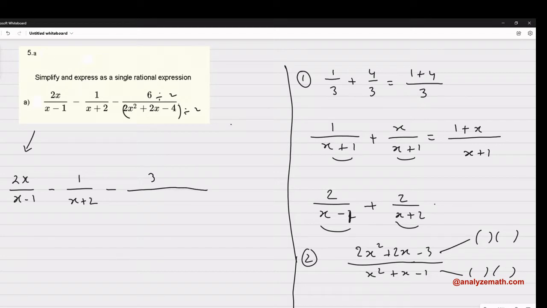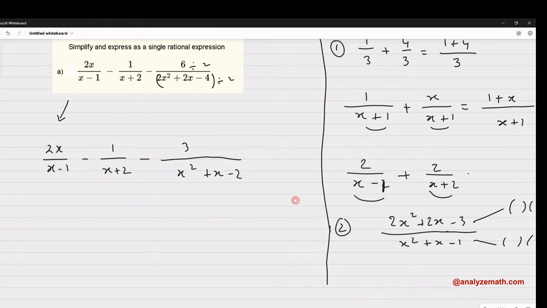And here I divide each coefficient by 2. So 2x squared divided by 2 gives me x squared. 2x divided by 2 gives me x. Negative 4 divided by 2 gives me negative 2. Okay, good.